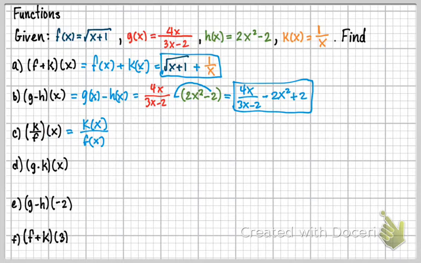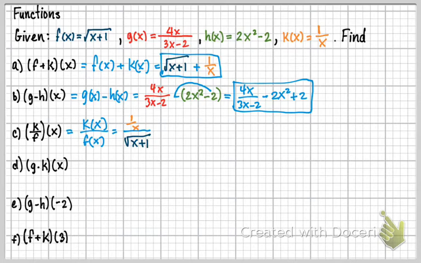That's just my function notation, just like I have k of parenthesis x parenthesis. Okay, so anyway, my k of x is this one here. So I'm just going to put that one on top here. So I'm going to have 1 over x here. And then on the bottom, we're going to have f, which is square root of x plus 1.